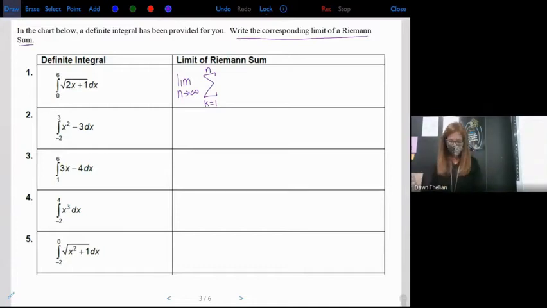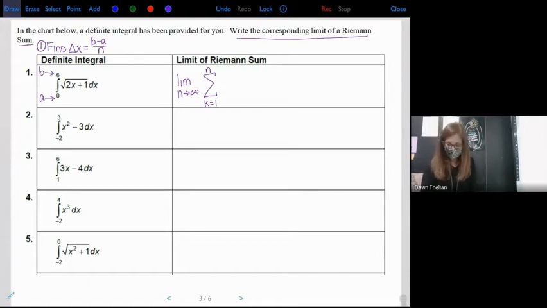Now, the first thing that you want to do, and I'm going to squeeze it in here, the steps. Step 1 is to find delta x. And I'm going to use that formula b minus a divided by n. So let's do that first. I'm going to look at the integral, and my integral is going to give me the a to b.